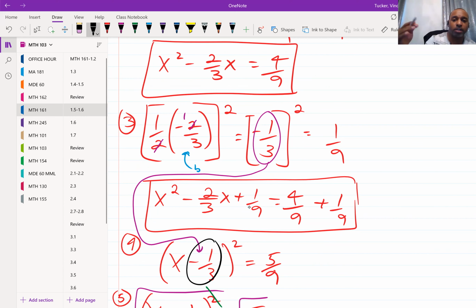So that's why we have x minus 1/3. That was half of our negative 2/3. So once again, you really don't have to lean on your factoring skills. Just remember that when you take half of b, that's what goes inside your parentheses with your x. And then 4/9 plus 1/9 is 5/9.